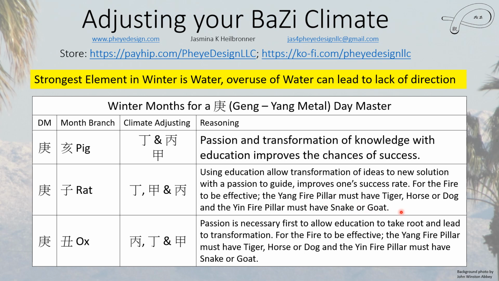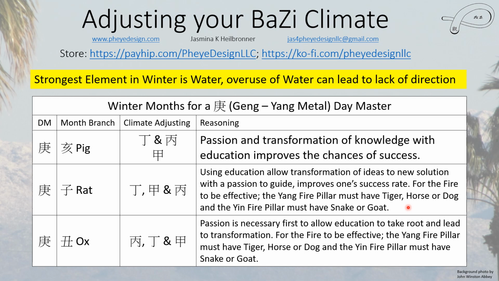Now, again, if that fire is going to be effective in your chart, you have to have the fire tiger, horse, dog, snake, or goat. Some will be yin fire, some will be yang fire. And that will be most effective.